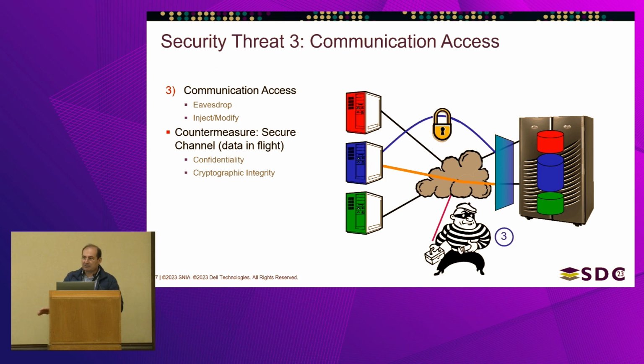The two sides of the communication will be able to detect if something has been altered in transit, and the communication is encrypted, so nothing can be seen by this interesting third-party character that we see on the SAN. These are very general threats that every storage area network has.